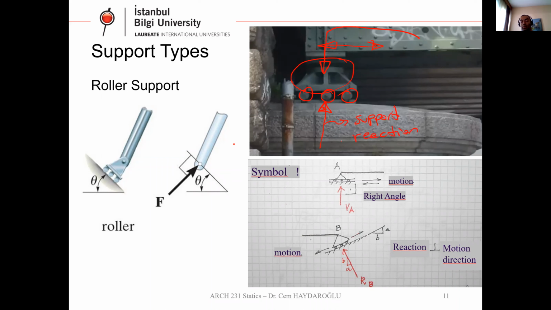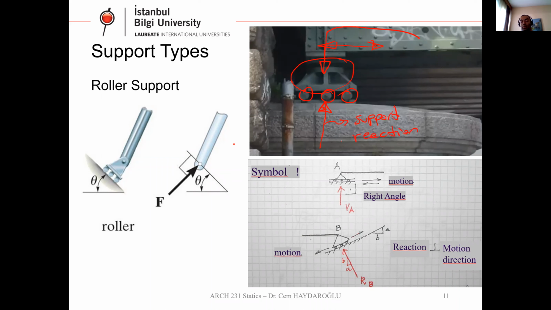Or sometimes in some books, you can see a line a little bit below the triangle. You don't see a circle here, but only a line a little bit away from the triangle. These show us the roller support. Roller support has only one support reaction.